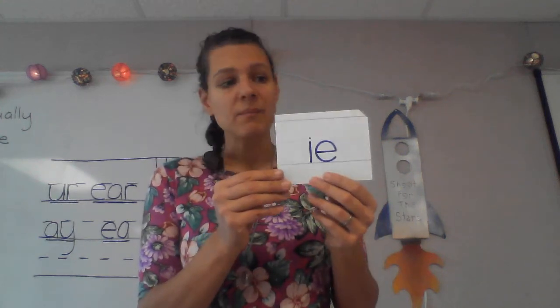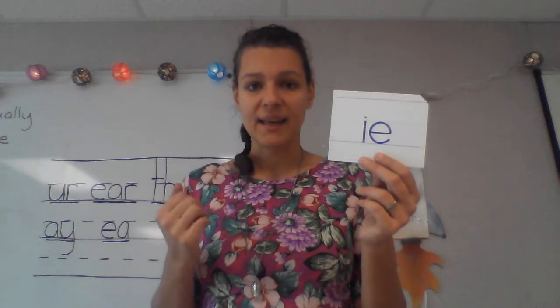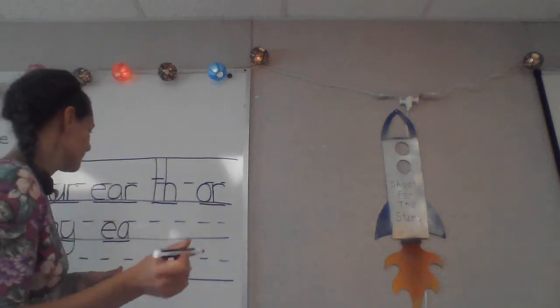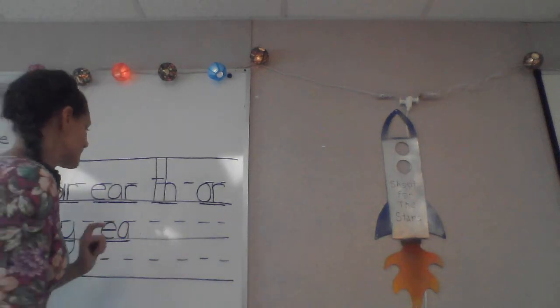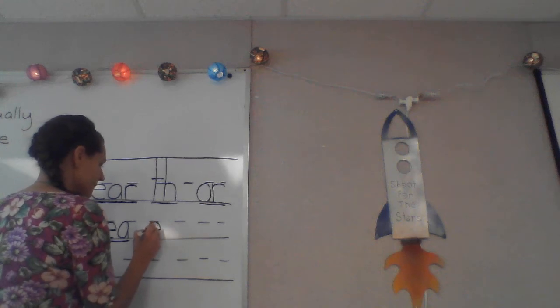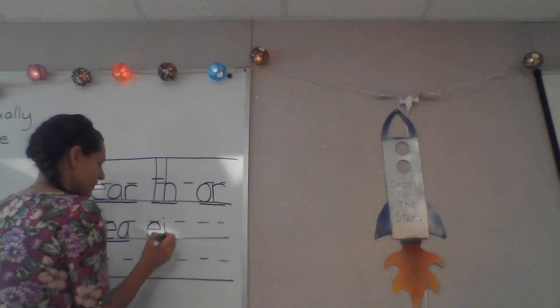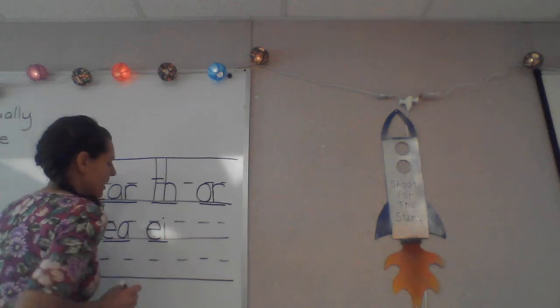But if it helps you remember it, you can say we say E-I, but we write I-E. All right, so to write my E-I, I'm going to leave a clock space. Find my starting spot for the first letter, and then the second letter, and underline.